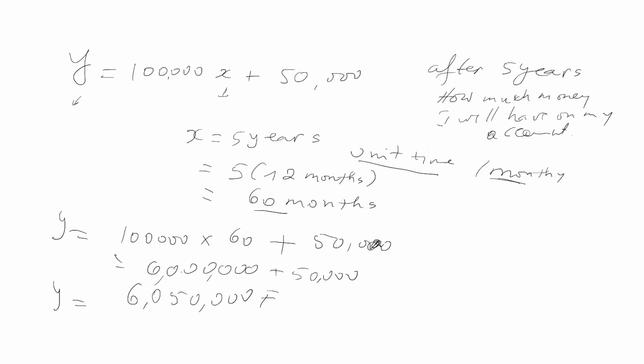If it is very little money, I will adjust the monthly savings. This is 100. Instead of saving 100, maybe I save 200. Remember, this 200 stands for the amount of money that I'm able to save per unit of time. Here, a unit of time is 1 month. x stands for a month. Then plus the 50,000 that I have before getting a salary.